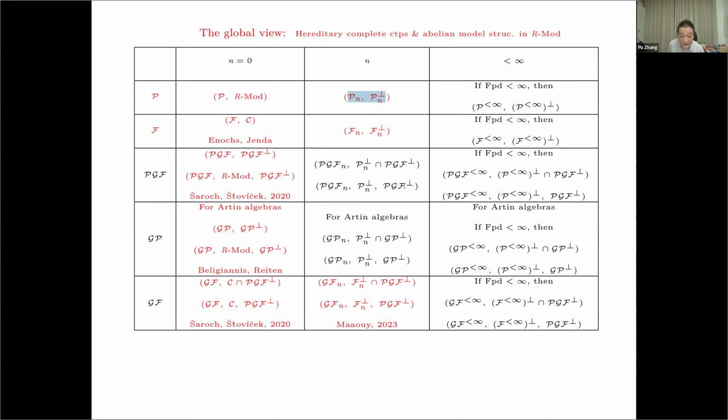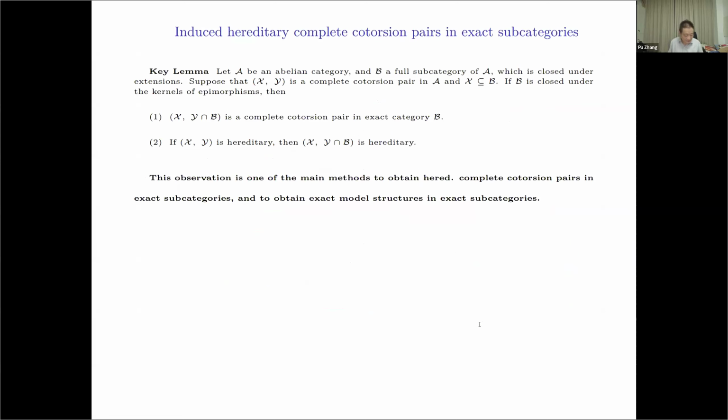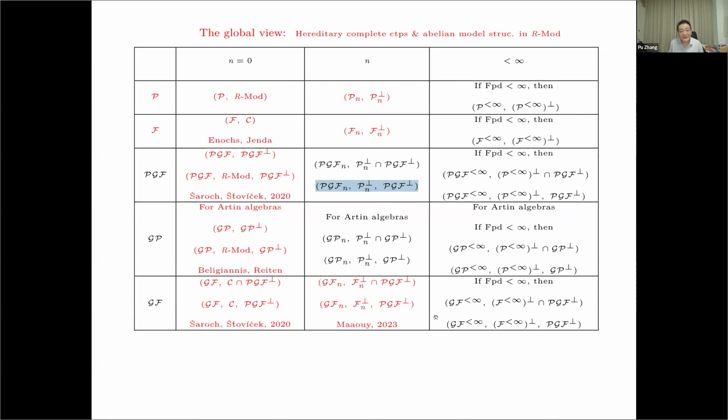And if this intersect this is exactly this cotorsion pair, so it is a Hovey triple. It gives an Abelian model structure. All are the same. So yeah, okay. Then this table is a model structure.